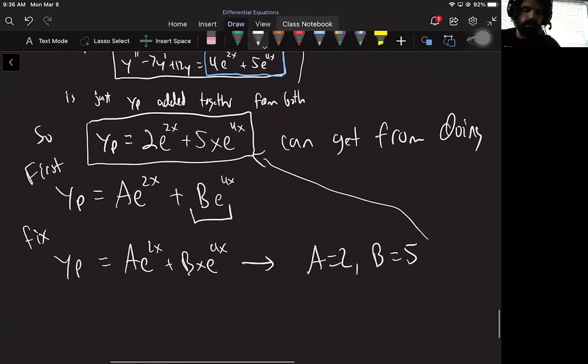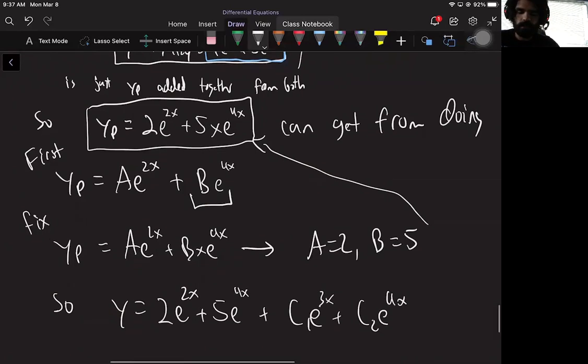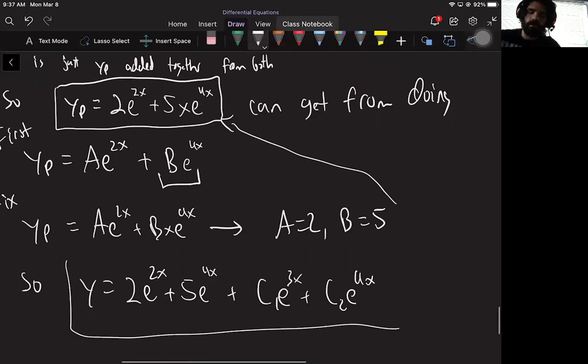Okay, so then of course, the general solution still works the same too. C1, so we solved this one earlier, e to the 3x plus c2 e to the 4x. That would be the general solution.